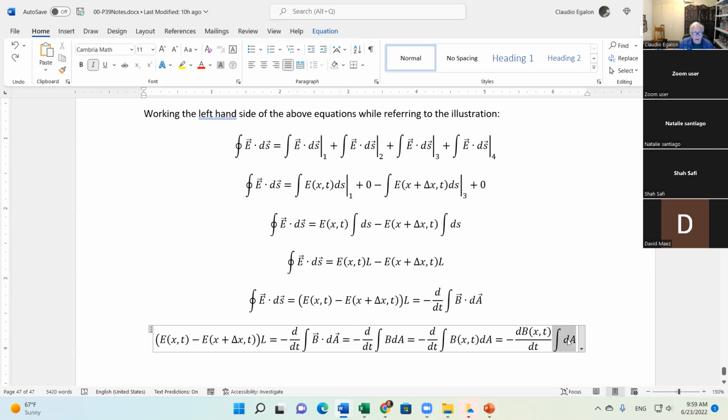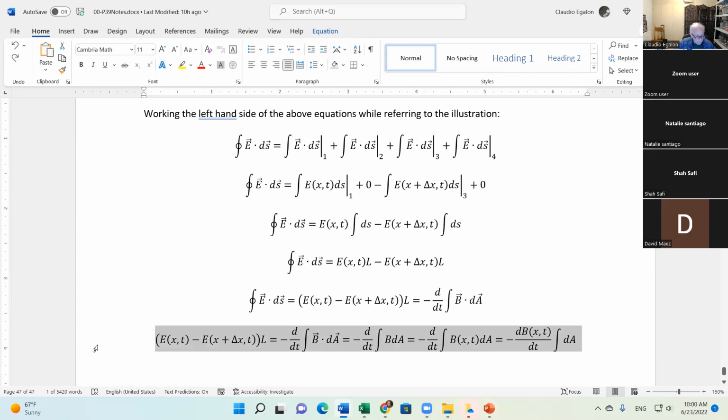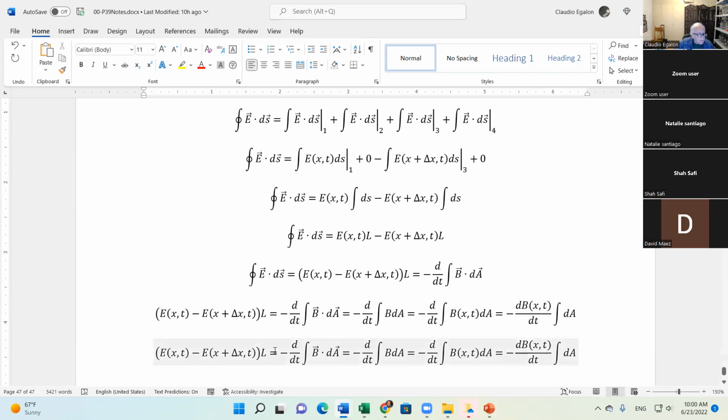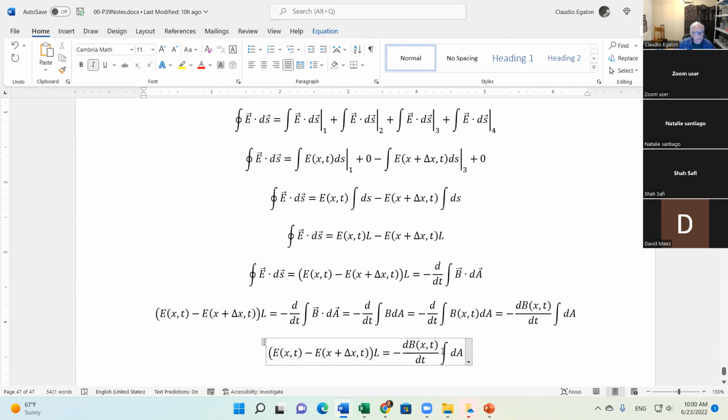And now we have to worry about the area. Let's take a look at the area. The area is going to be what?